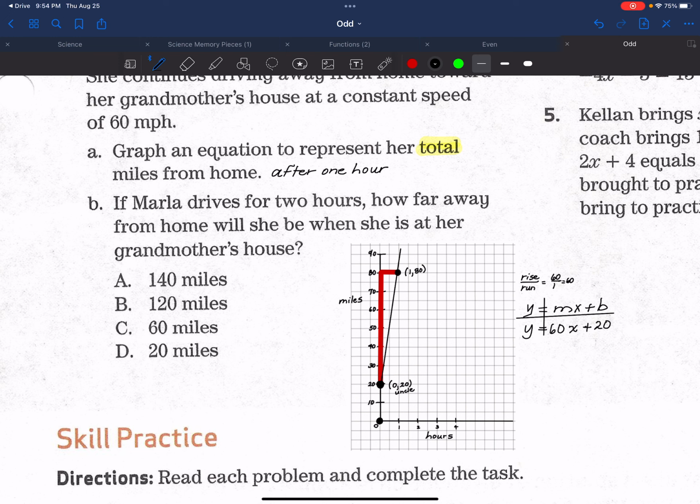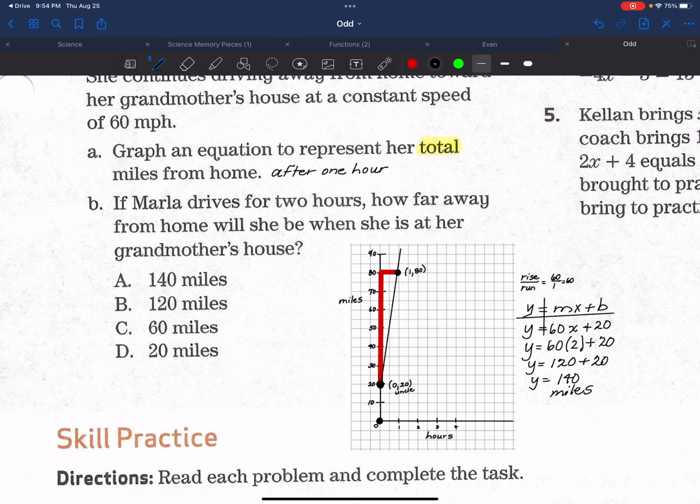If Marla drives for 2 hours, how far away from home will she be when she is at her grandmother's house? So we're going to say y equals 60 times x, when x is 2 hours, plus 20. She will be 120 plus 20 is 140 miles from home.